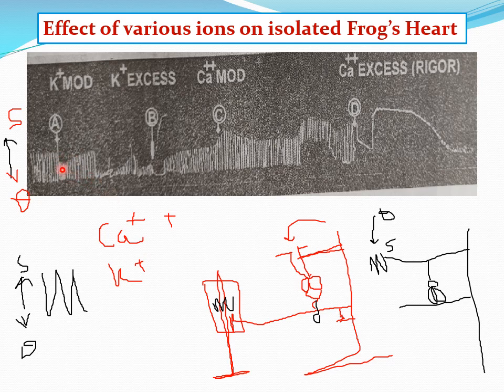This is the effect of moderate potassium. Then pour the excess potassium, means pour a little concentrated potassium chloride. When we pour the excess potassium, the heart stops in diastole. Here the heart stops in diastole because downstroke is diastole.